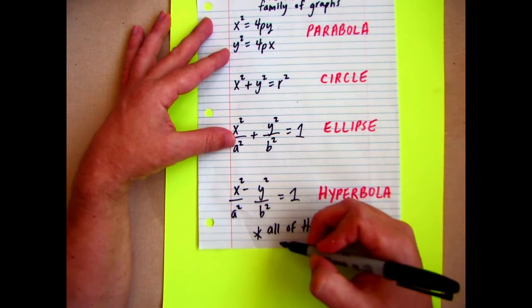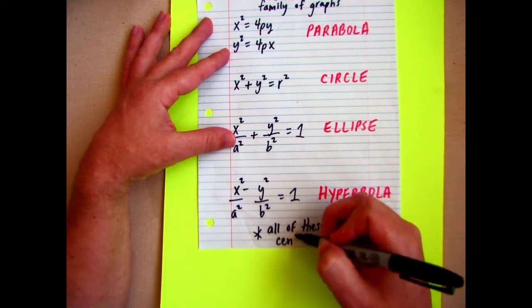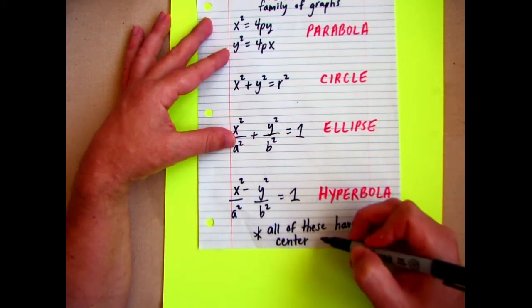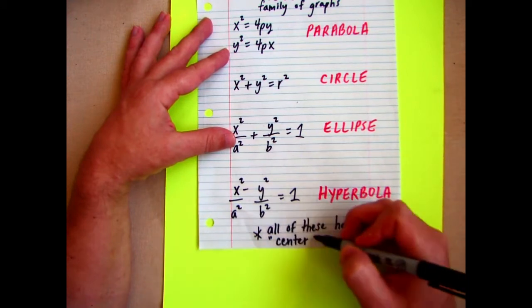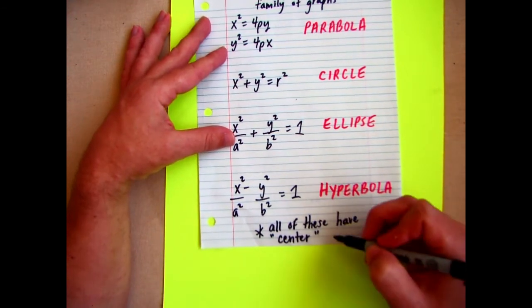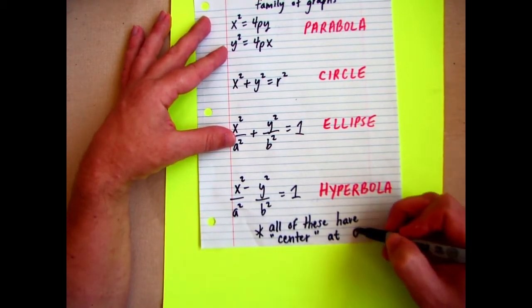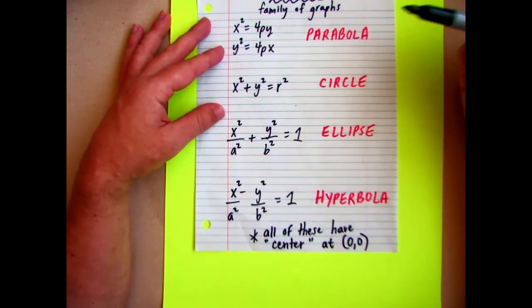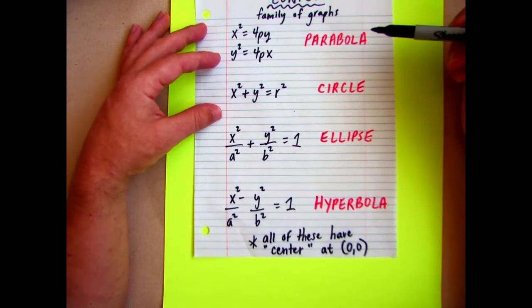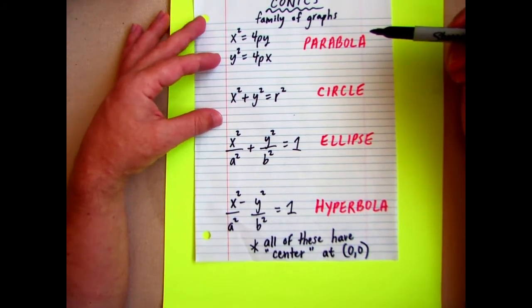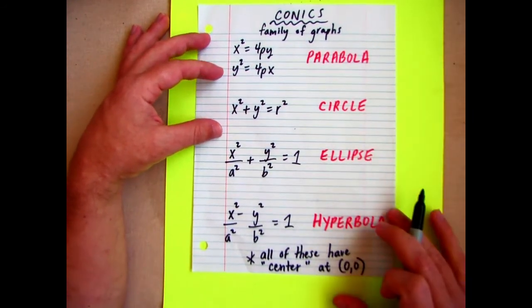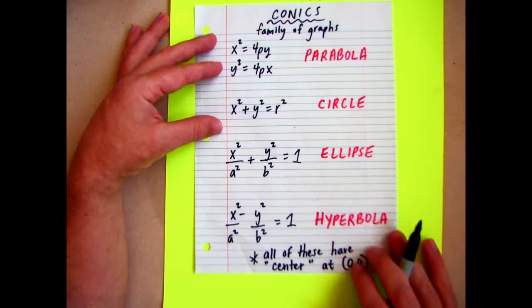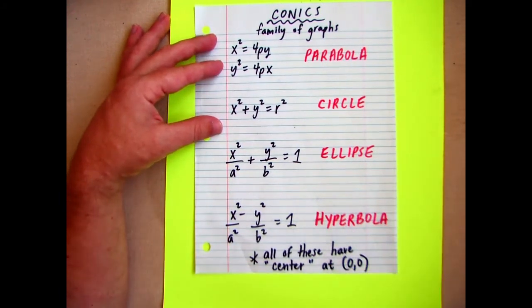And I use the word center loosely because parabolas don't really have centers. Parabolas have a vertex. But for all these graphs, the center, the vertex, were all stationed at 0, 0. So that's what made them easier to graph and work with before.